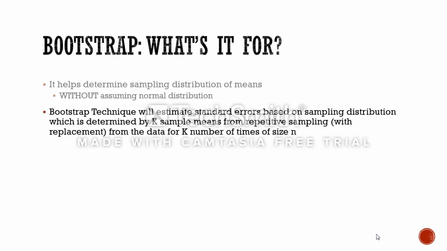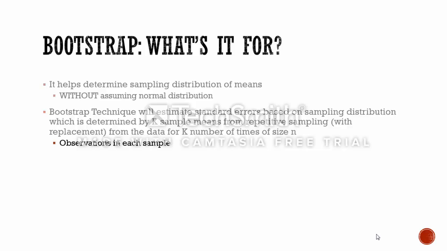The technique will estimate standard errors based on the sampling distribution, which is determined by k sample means from repetitive sampling, and that's with replacement from the data, for a number of times of sample size n. So what this means is observations in each sample.